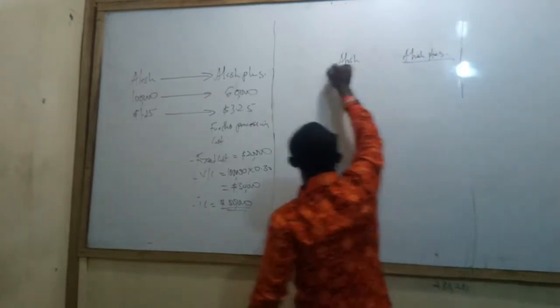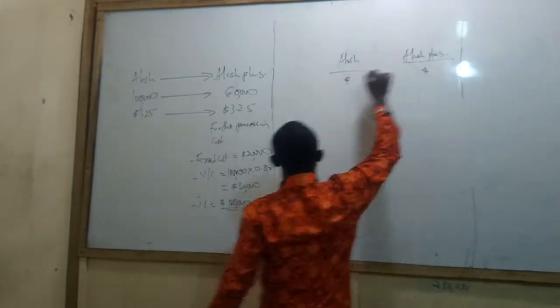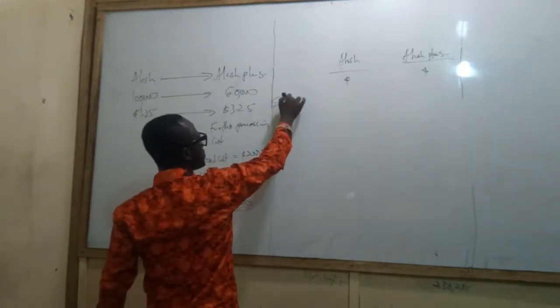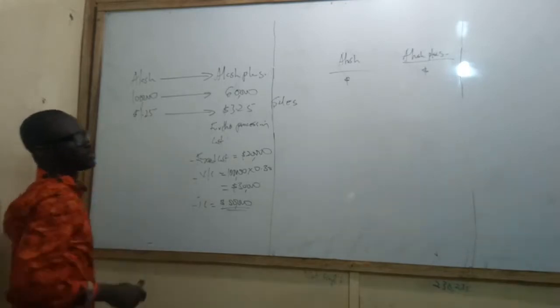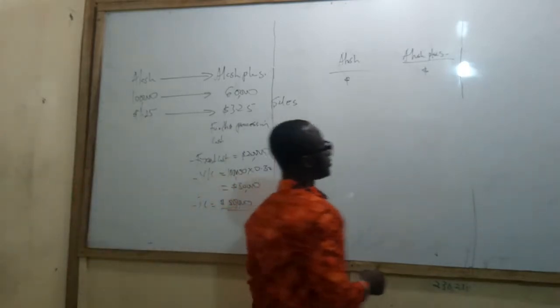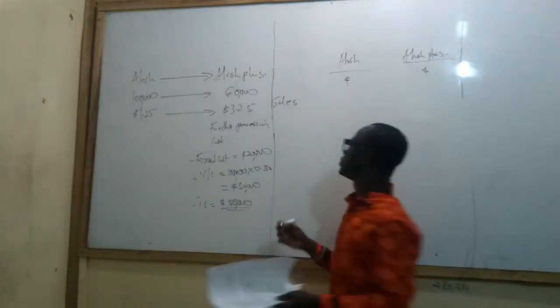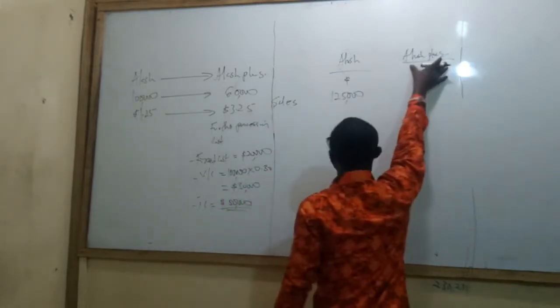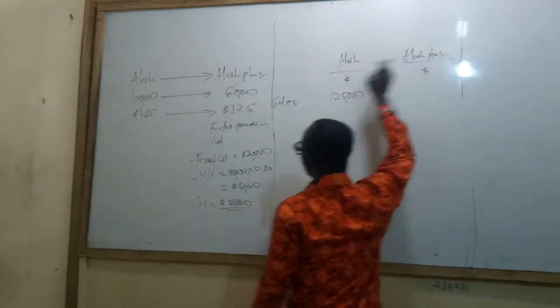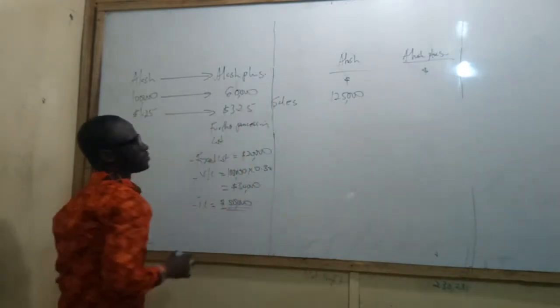So look at what we're going to do. Let's bring the sales. What is the sales at the Alas level? This times this, 125,000. What is the sales at the Alas Plus level? This times this.